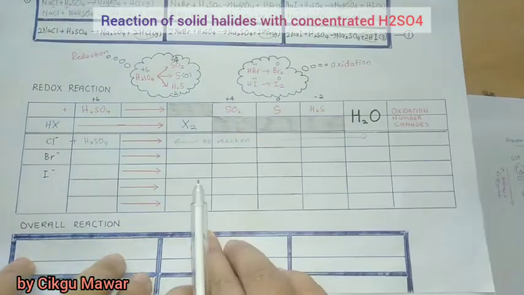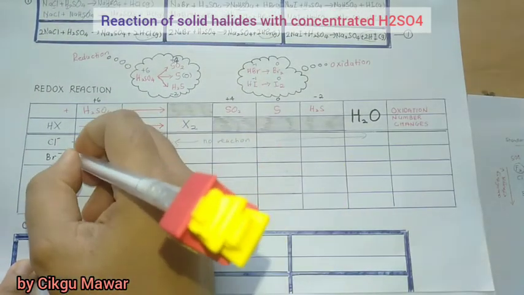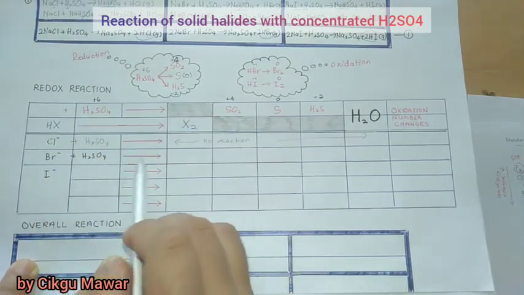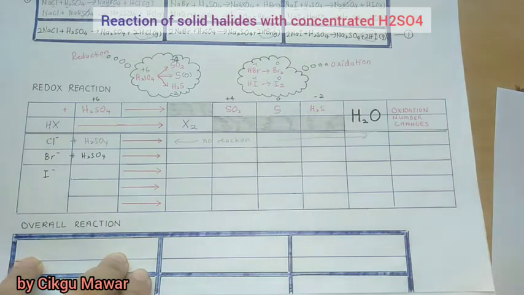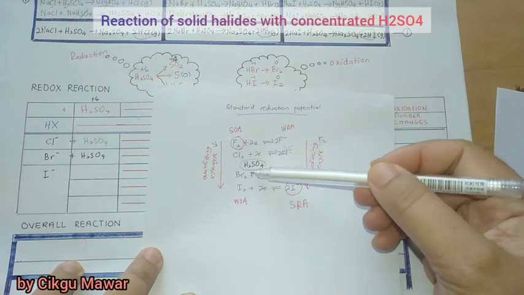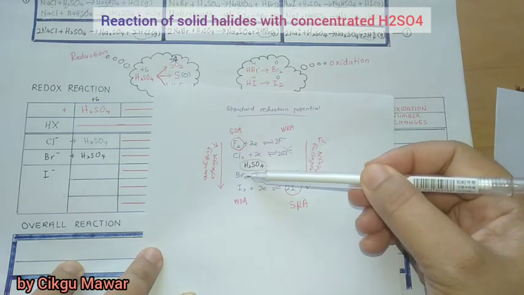For the second one, when bromide ion reacts with sulfuric acid, what will happen, referring to our standard reduction potential, is that sulfuric acid is able to oxidize bromide to form bromine.